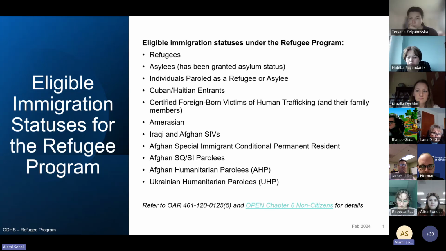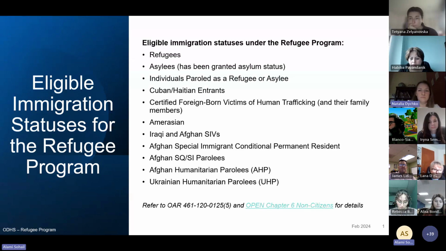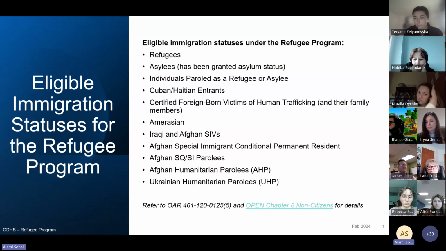So for reference, if you want to look at a specific immigration status and what kind of documents you will see for that status, then you can refer back to it as well. So let's get started. Again, this is going to be dependent on everybody's contract. We have a bunch of immigration statuses, but then we also have contracts where you serve one or two or maybe three of these immigration statuses, and then we have contracts where you serve everybody.